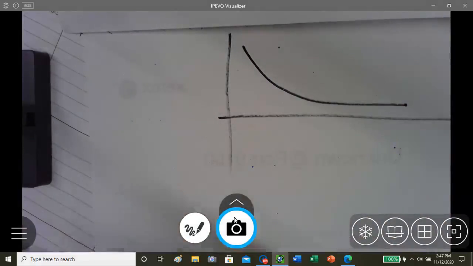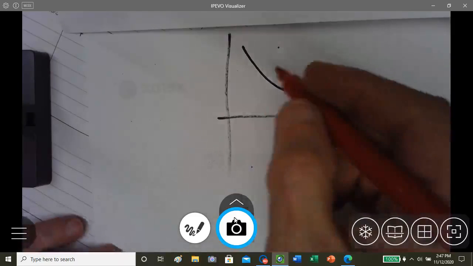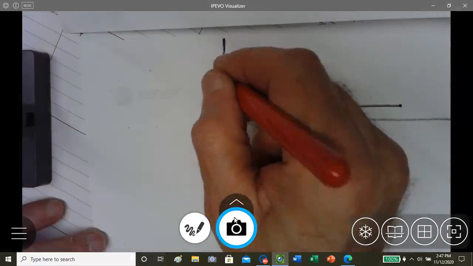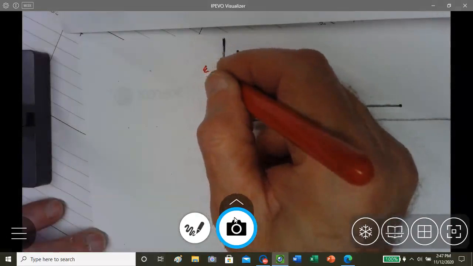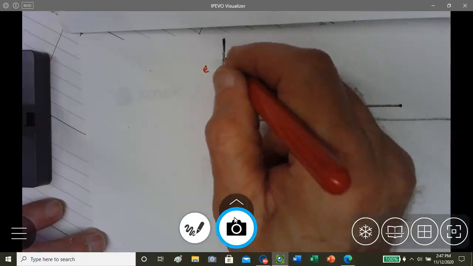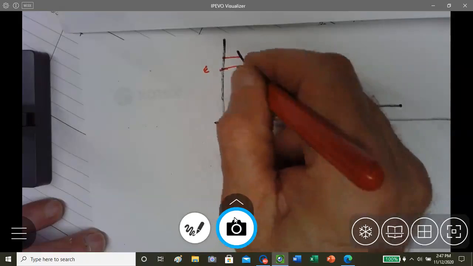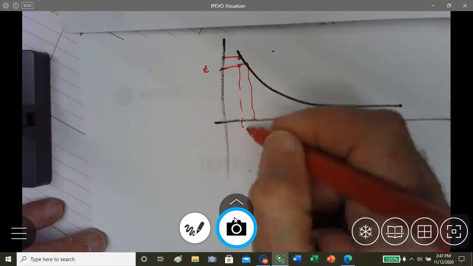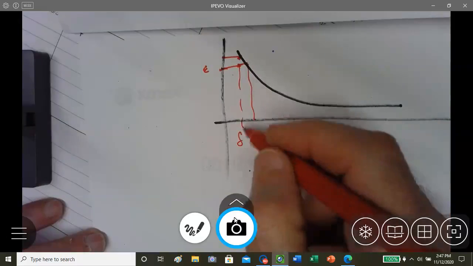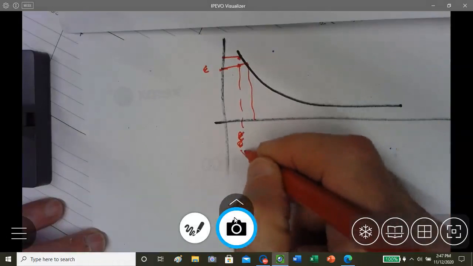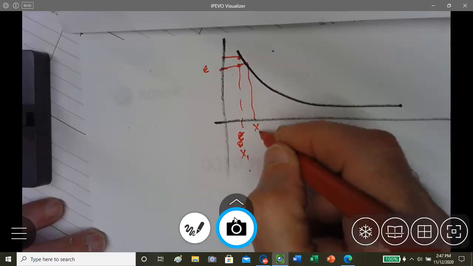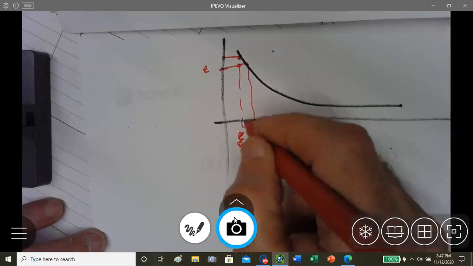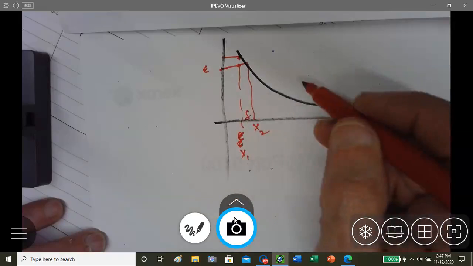Okay, and here we have epsilon somewhere between here and here. So this would give us a delta, an x1 and an x2. So this is delta.